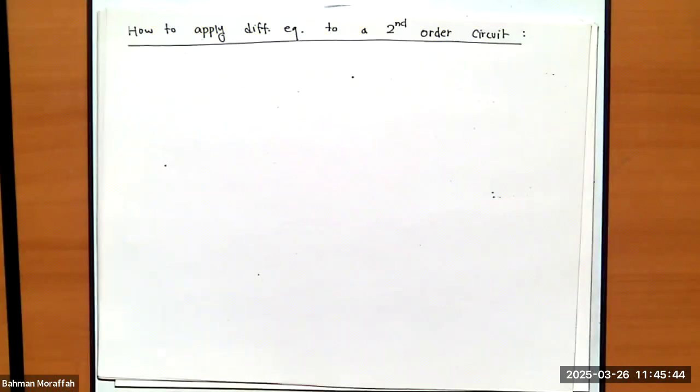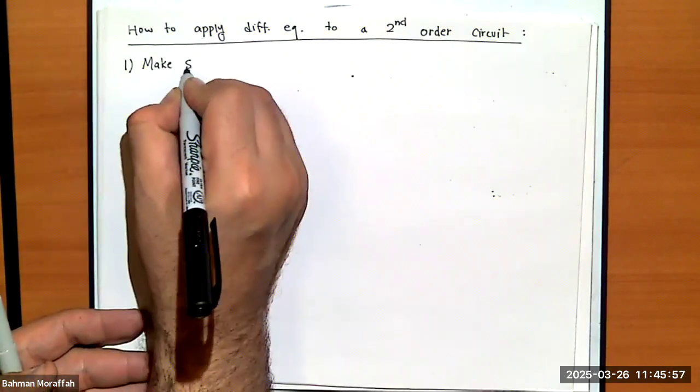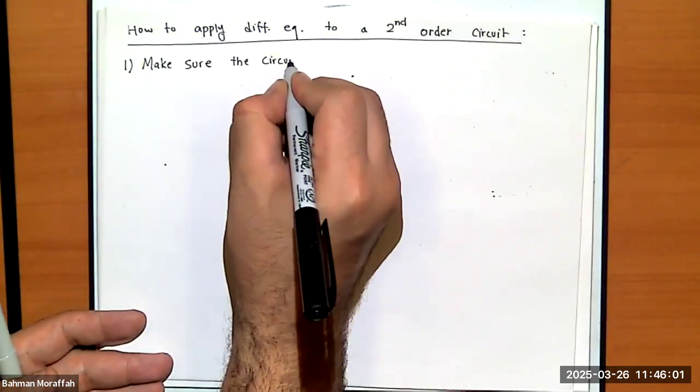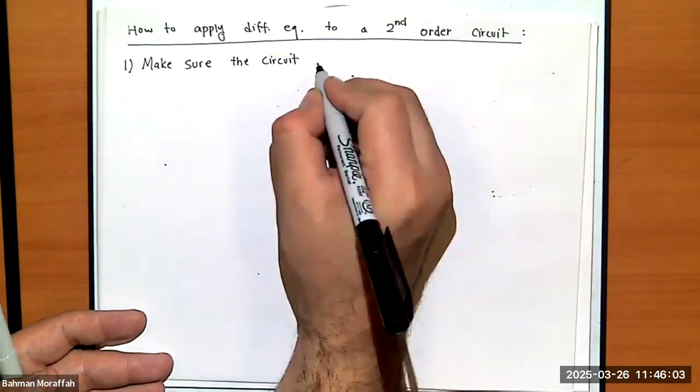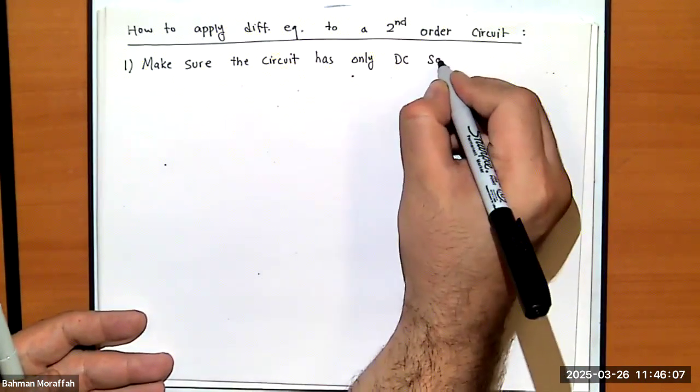First step, we're going to make sure that all the sources we have in the circuit are constant sources. Okay? Step 1, make sure the circuit has only DC sources.